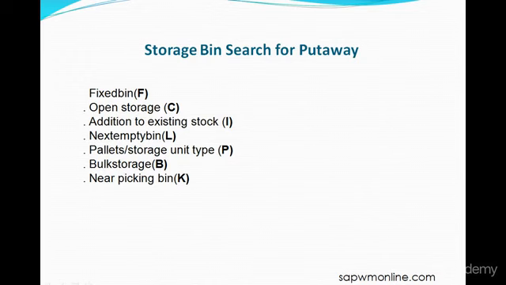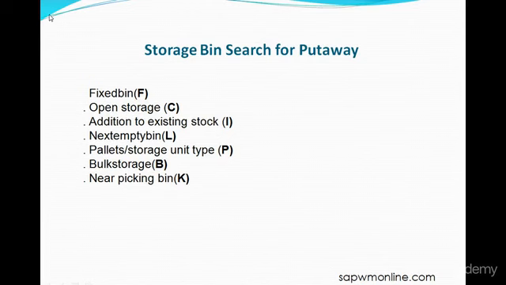In a warehouse, we can have many different storage types, and each storage type will have its own put-away strategy. So let's quickly take a look at the salient features of each of these strategies.